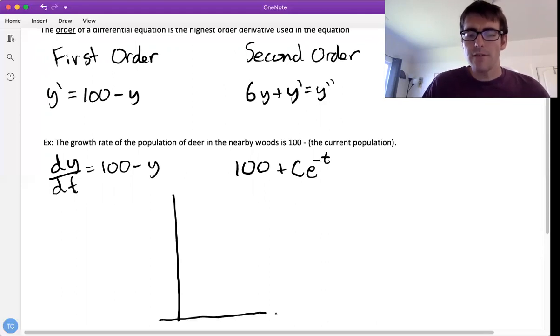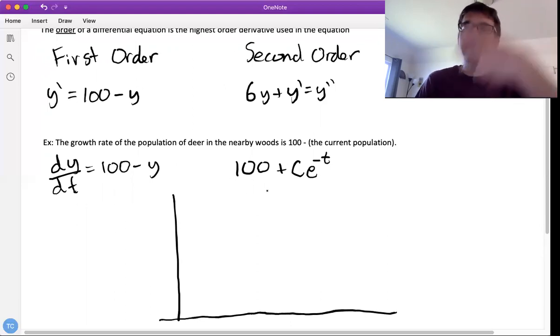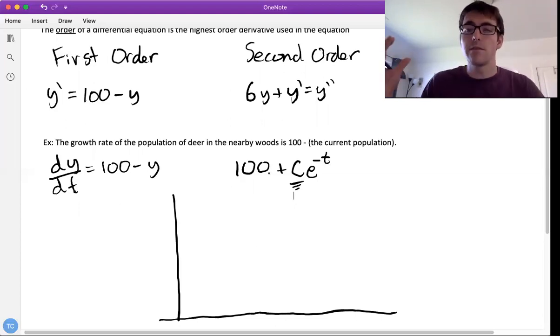So if we have our population, the point is that this function is supposed to model how many deer are in the forest as time goes on. Notice that we have this constant c up front, which can be anything. This is an infinite class of functions, any one of which solves this differential equation.